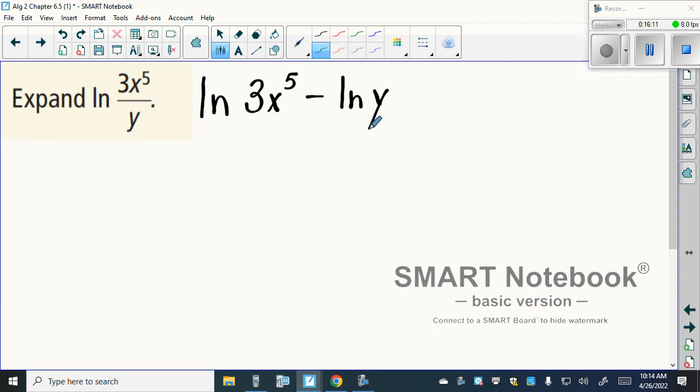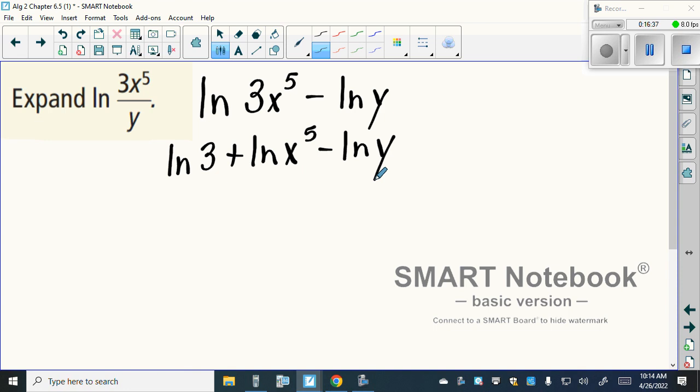What property are we going to use next? The product, our multiplication. Because we do have 3 times x to the 5th. Whenever we have more than one thing being multiplied, we'll deal with it next. So we can rewrite it as ln of 3 plus ln of x to the 5th minus ln of y.